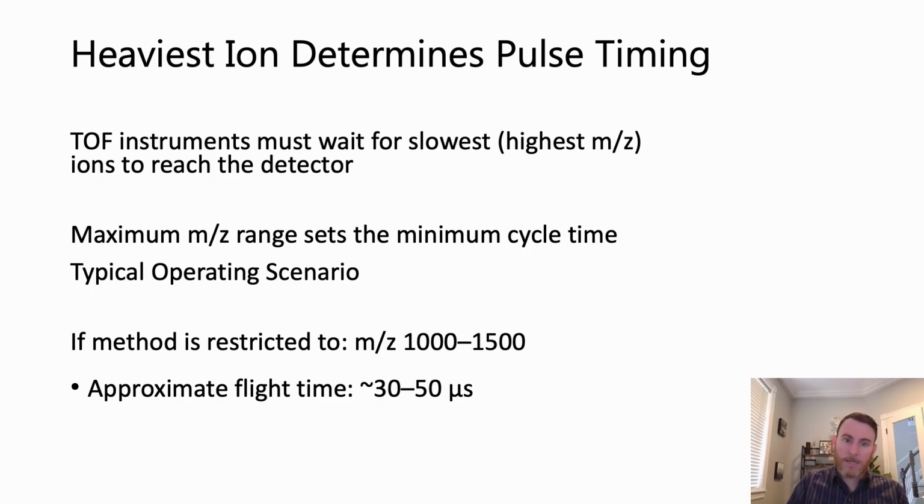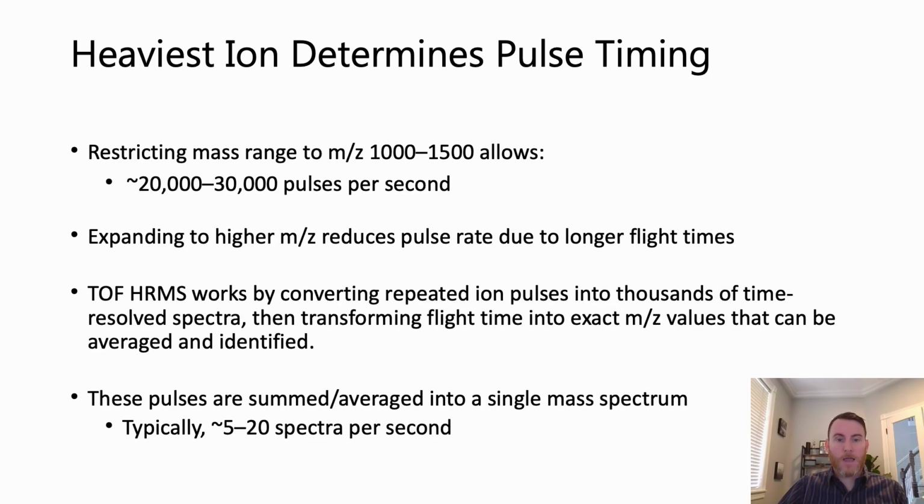So now we're in microseconds. What this is effectively saying is that if you restrict the highest masses you want to look for to this range, your flight time is about 30 to 50 microseconds. And that can tell you how many packets of ions you can send in a specific time frame.